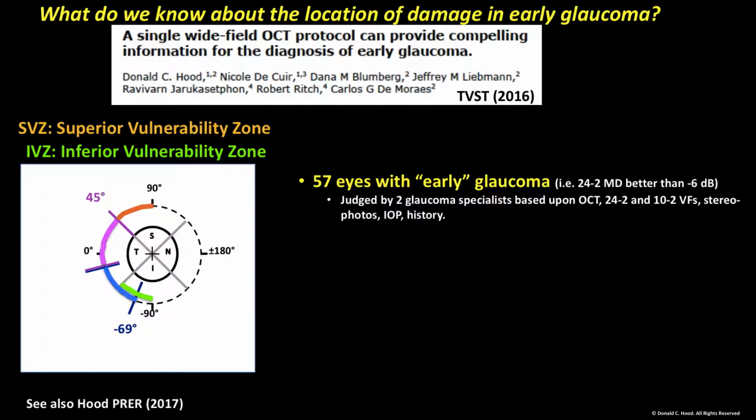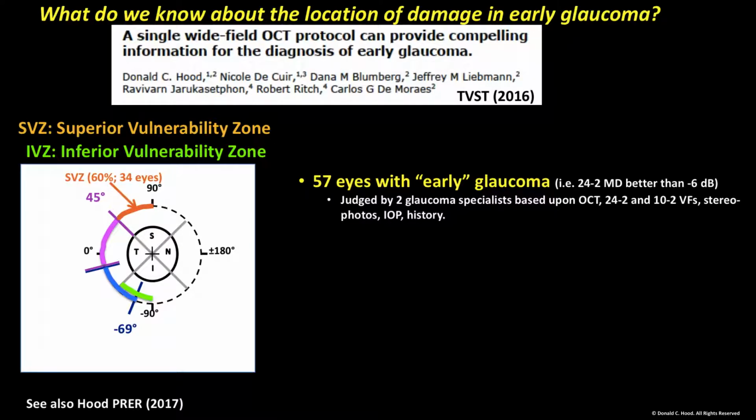These were judged by 2 glaucoma specialists based on OCT, 24-2, 10-2 visual fields, stereo photos, IOP history. These 2 clinicians who were not involved in the patient care had all this information.